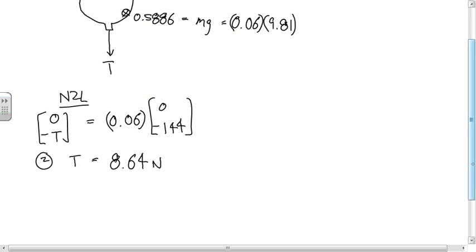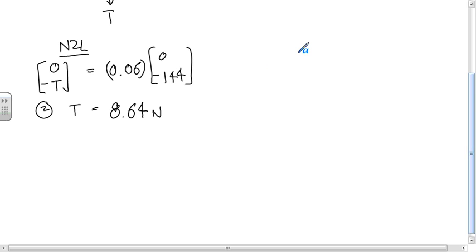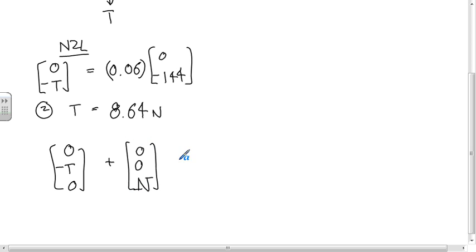In 3D, it would look like this. The tension force would be 0, negative T, 0. The normal force would be 0, 0, positive N. The weight force would be 0, 0, negative 0.5886.